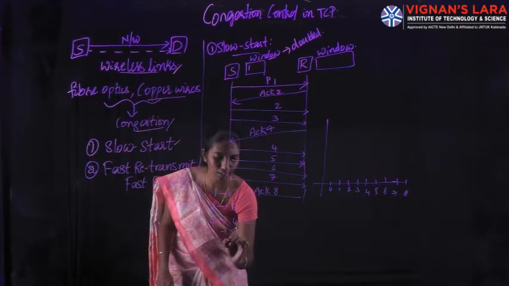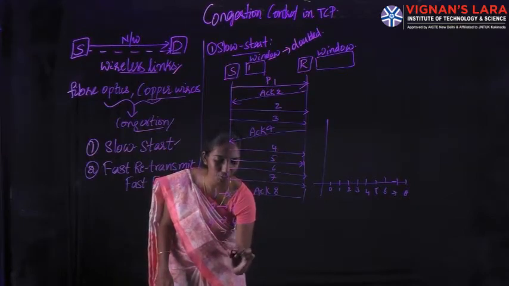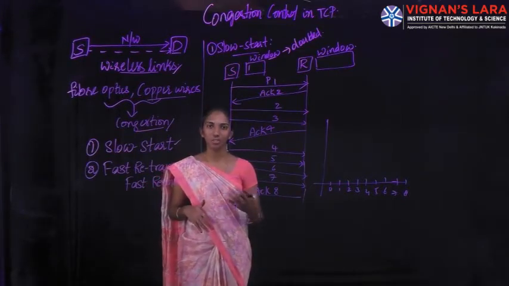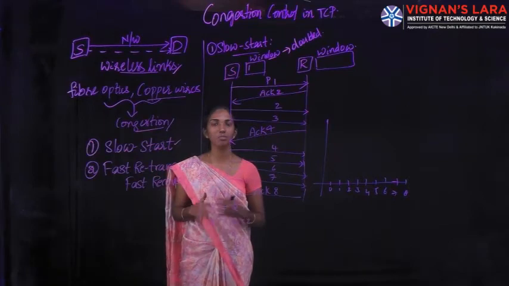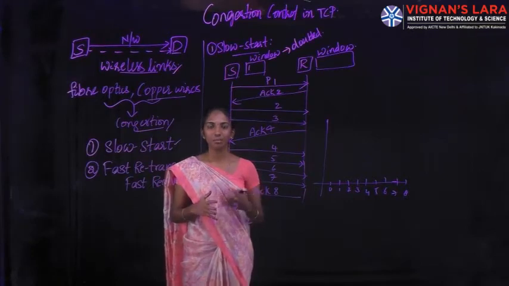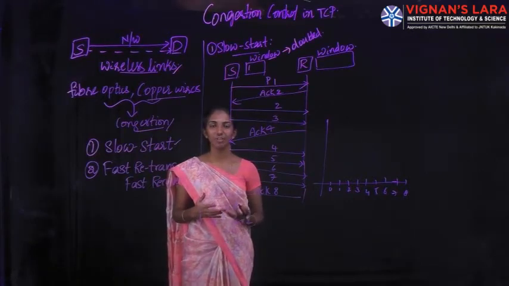That means 8 into 2 is 16, 16 into 2 is 32, 32 to 64. That means it is going to increase exponentially. If this increases exponentially, the number of packets sent by the sender at a particular instant is also going to increase. So there might be a chance that the data will not get transmitted over the network in a very convenient way.